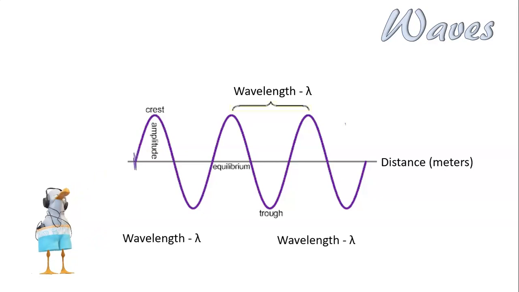You might also be solving some problems where they're asking you to look at wavelengths. And sometimes it can get confusing, so I want to show you the different wavelengths. There's a wavelength from here to here. So it's starting here at this point, and it's ending at that point. So it's one full complete cycle. And you can also measure wavelength from the crest to the crest, and you can also measure wavelength from the trough to the trough.